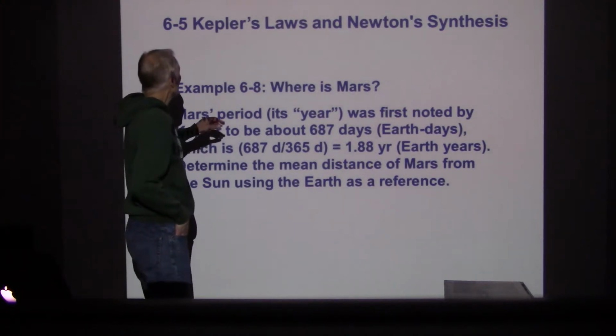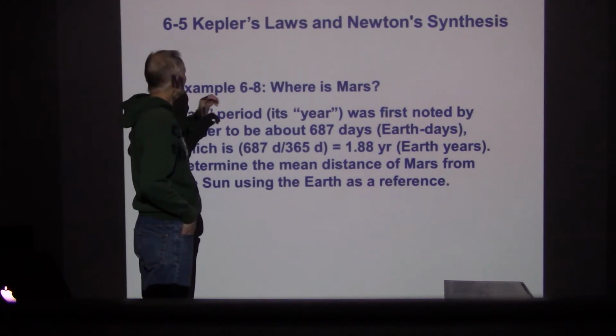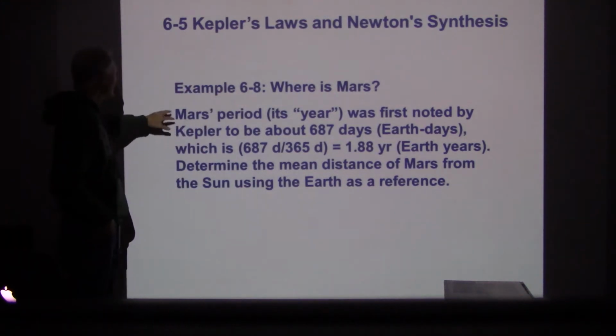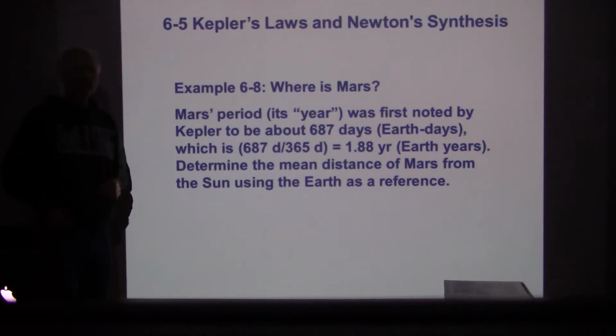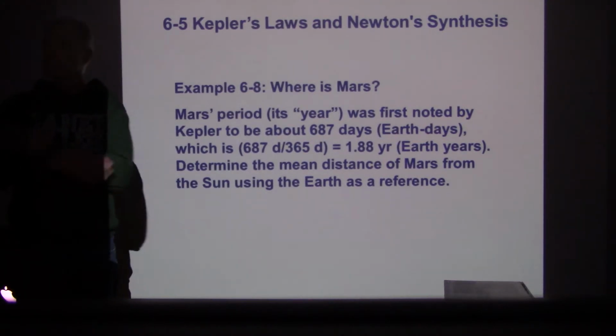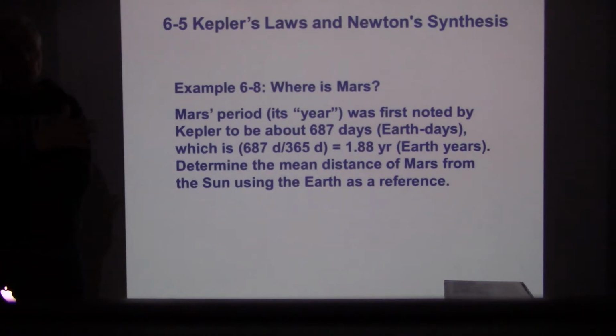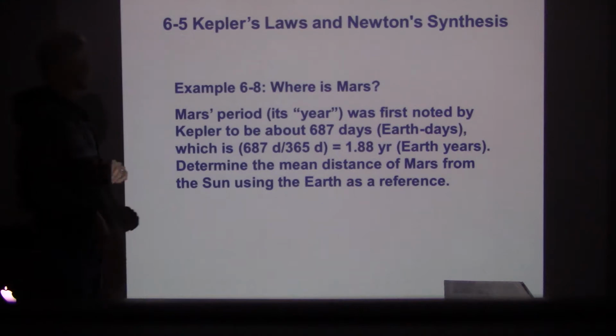Now, let's see. This example is saying, where is Mars? Actually, what's the period of Mars' orbit? And it was noted by Kepler to be about 687 days. Now that's not too difficult of a number to come up with once you've moved on to the heliocentric model of the solar system.